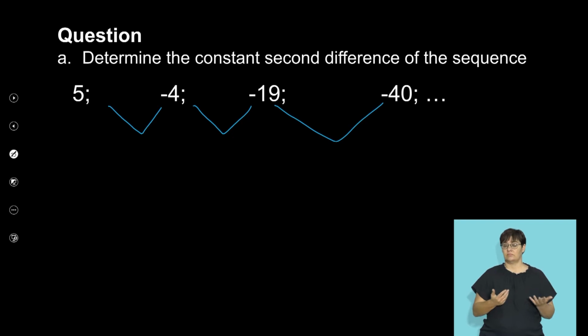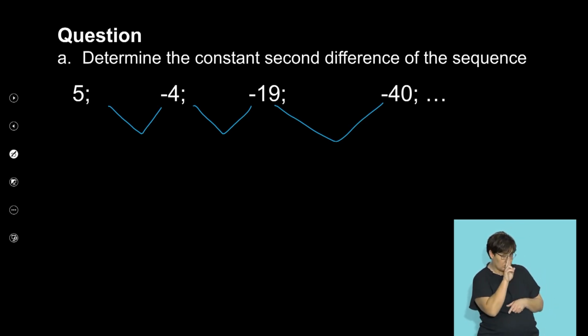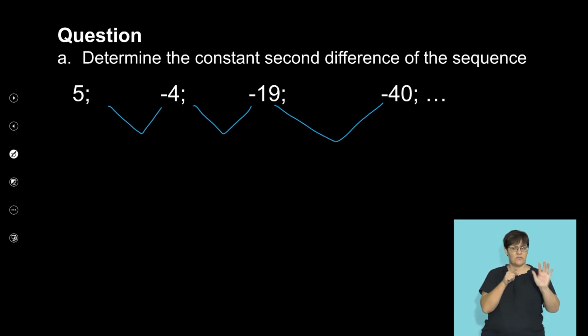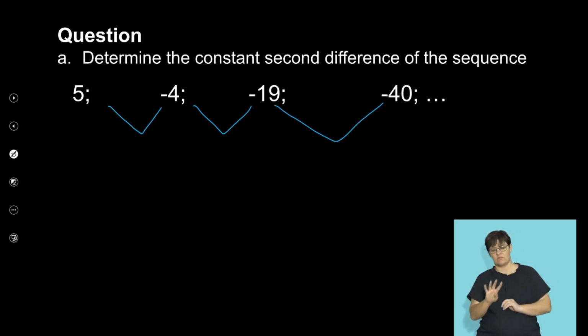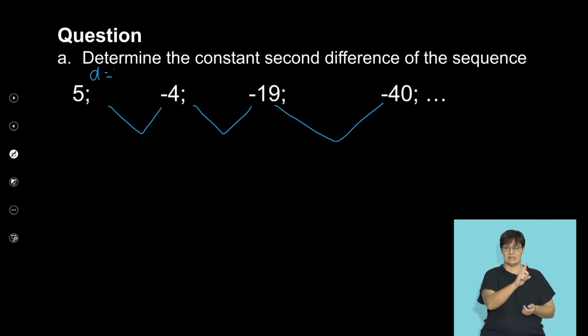So if I ask myself, and I'm going to ask you at home as well, what is the difference if I'm moving from a term value of 5 to a term value of -4? You can also substitute in your d, which is T2 minus T1. -4 minus 5 will give me that the first term of the first differences is -9.